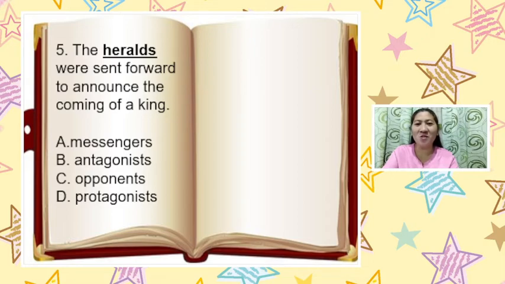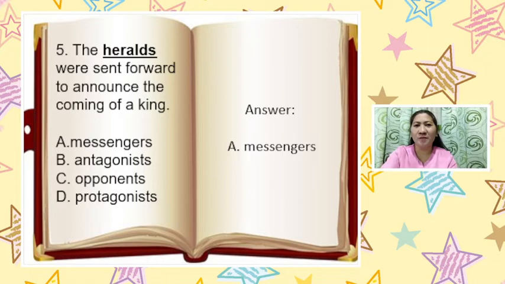The correct answer is letter A, messengers. Now that you know the meanings of some of the difficult words in our story, I hope that you can use them in your own meaningful sentences.